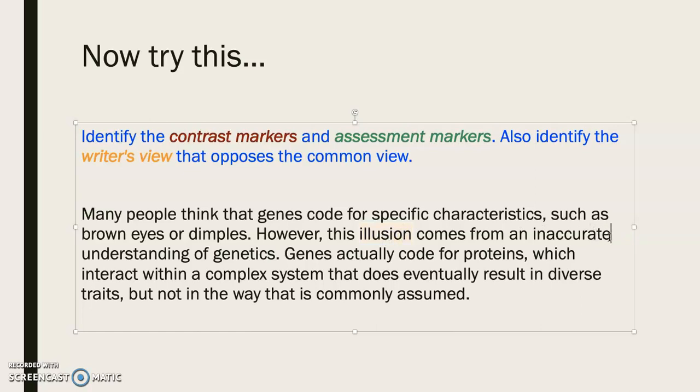Also, when the writer says that the belief is inaccurate, that's another way of judging the common belief as wrong. Now, can you find the writer's point of view? Well, actually, the last sentence is giving the writer's point of view.